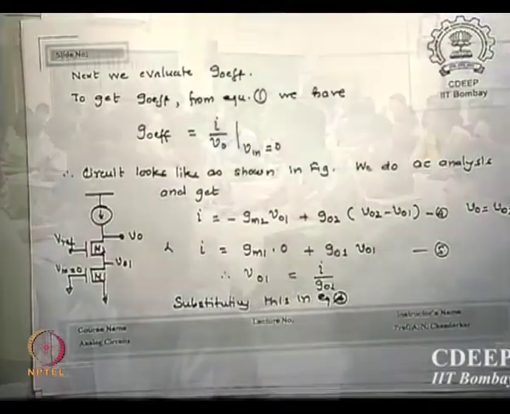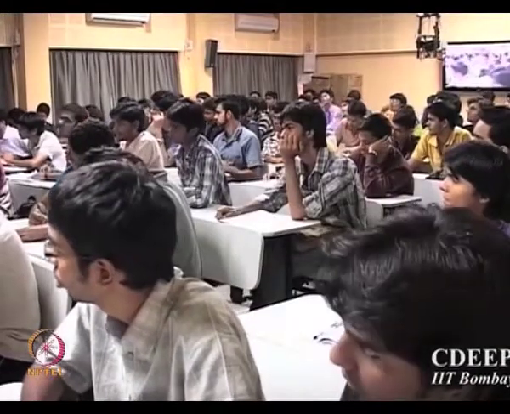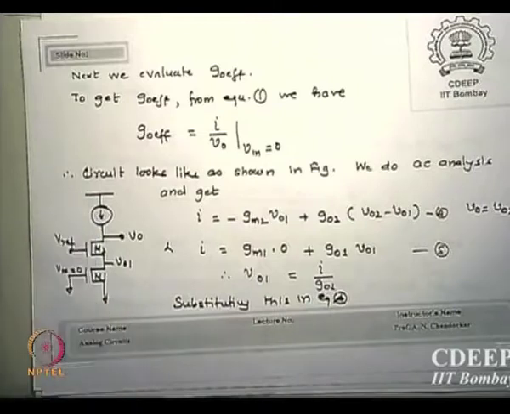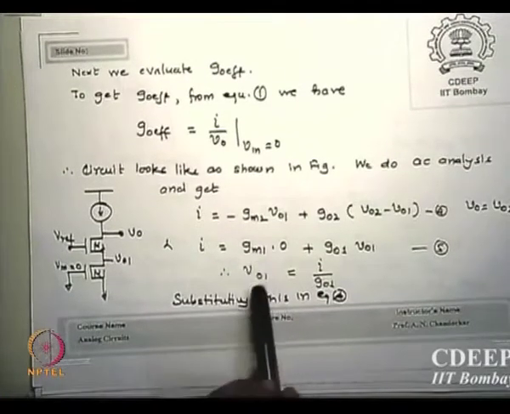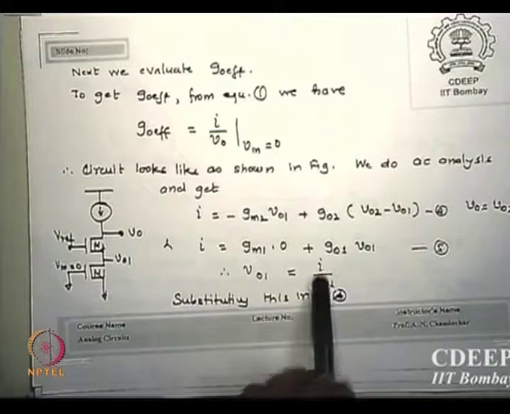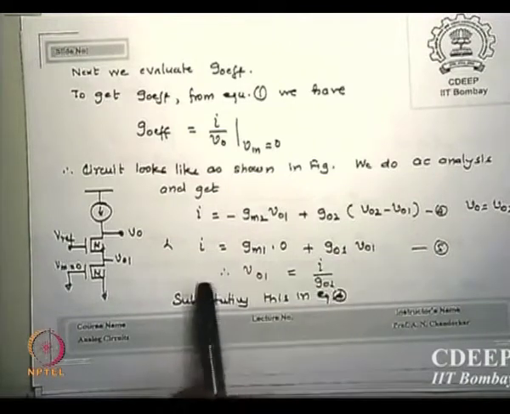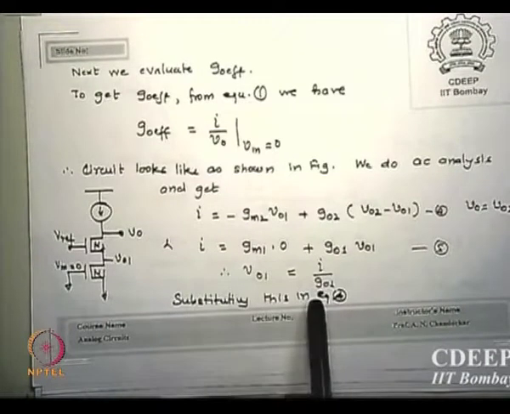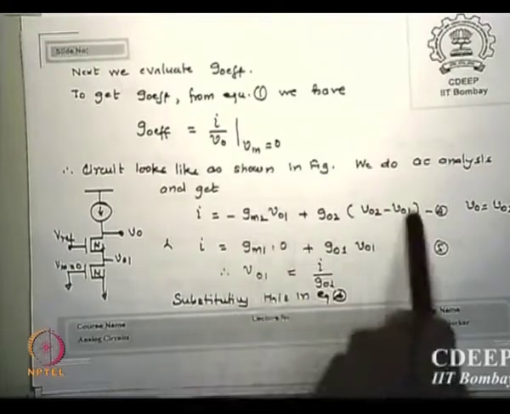Bias is the capital I, which is saturated, and the input signal is grounded. This is all small signal, every parameter I am using right now is small signal. So from equation 5, VO1 is I by gO1. Substitute this VO1 in this expression.